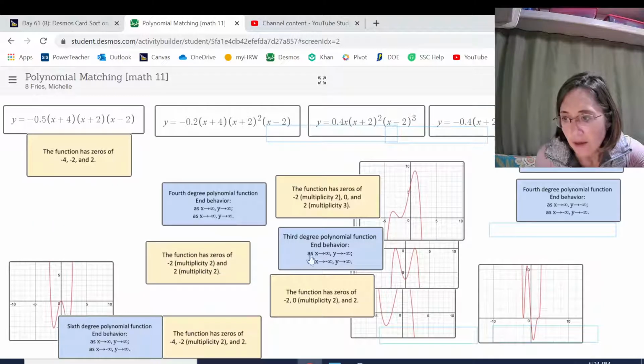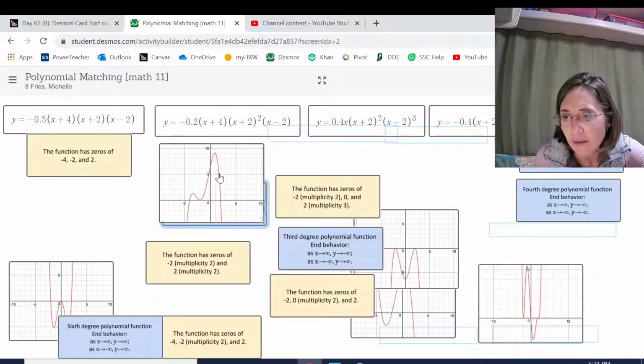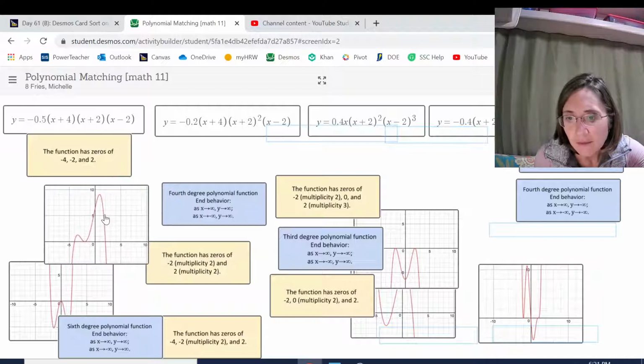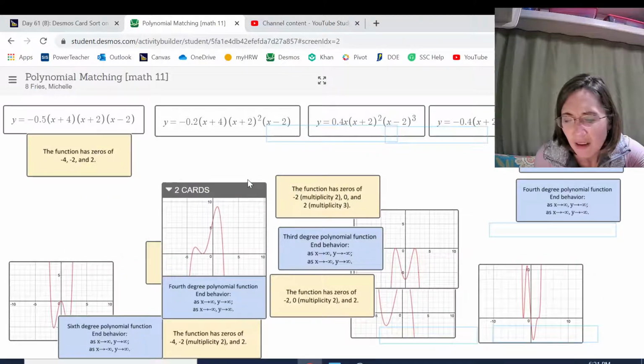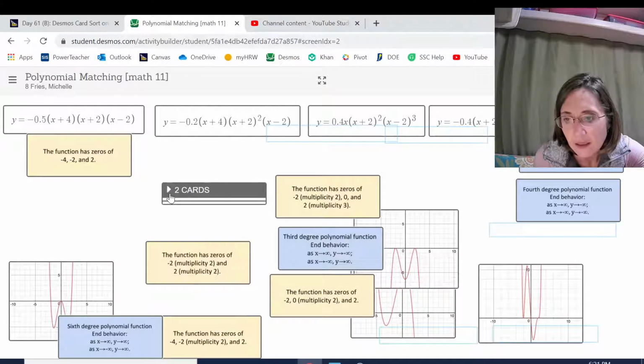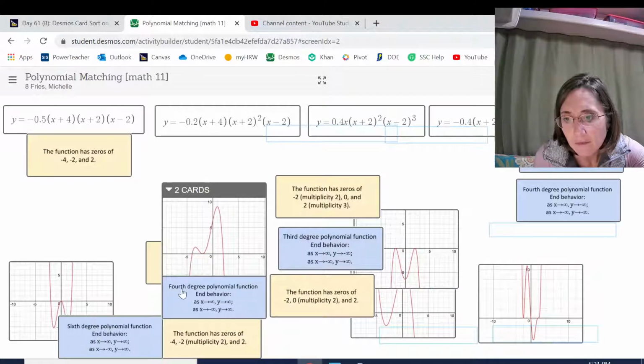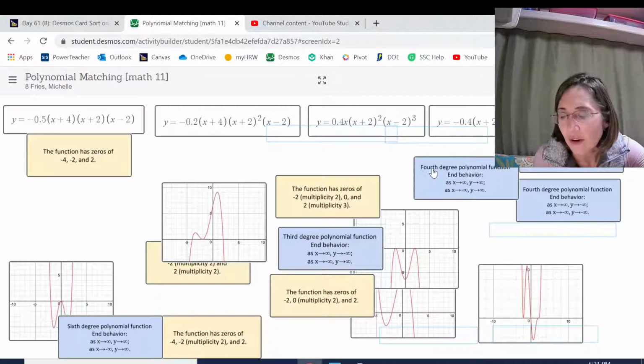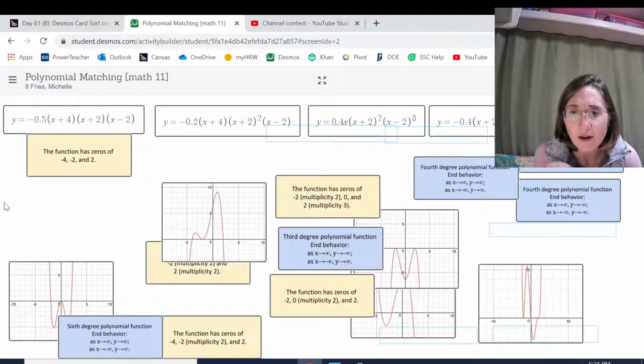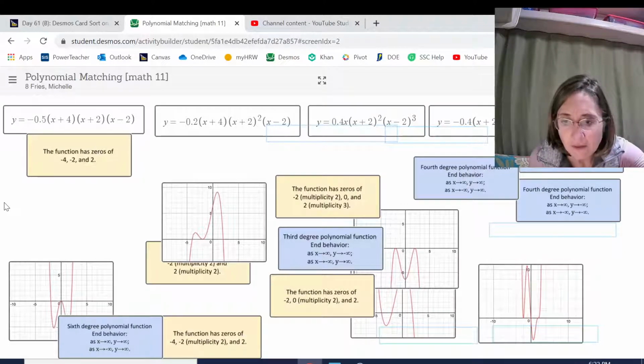So let me move these around a little bit so I can see the graphs better. I don't want those 2 stacked. Put that over here. So let's see. If I want to think about the graph of this, I need it to have zeros at negative 4, negative 2, and positive 2.